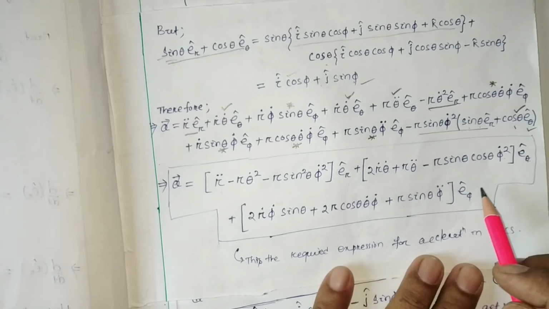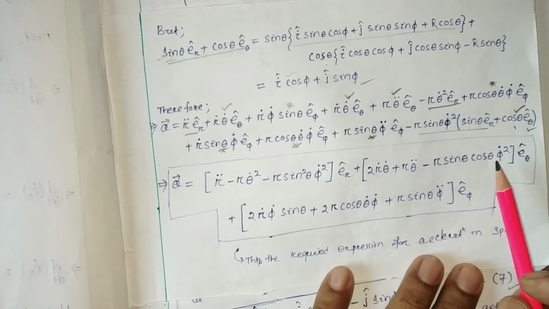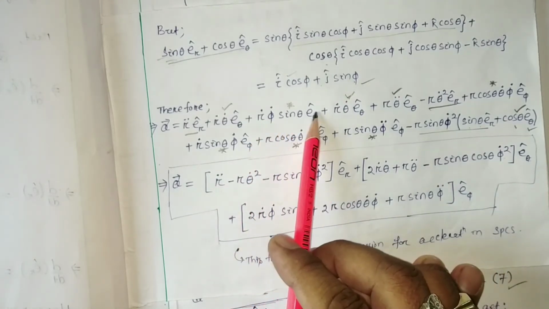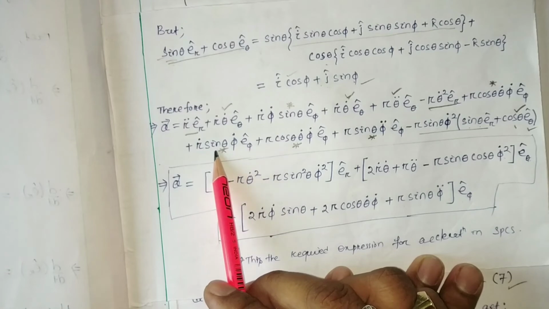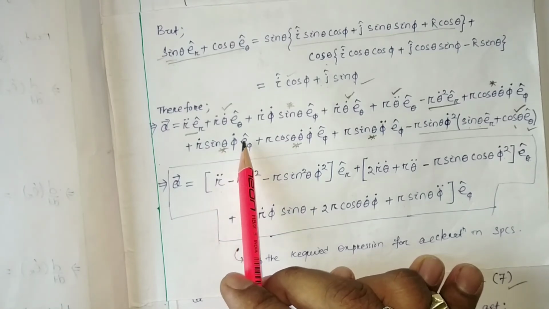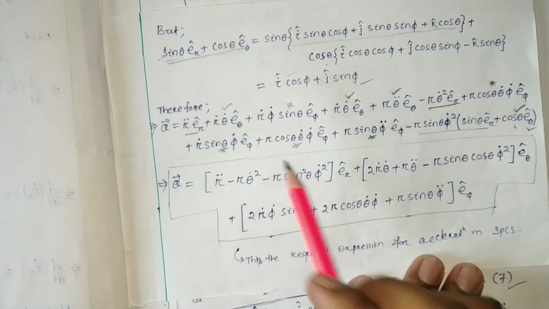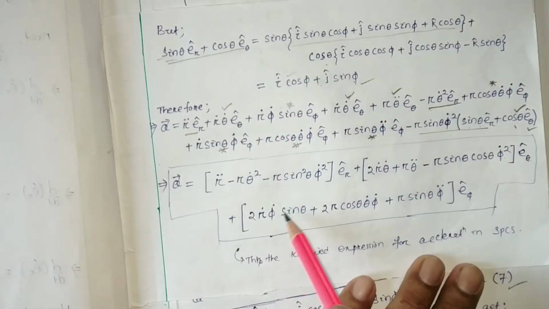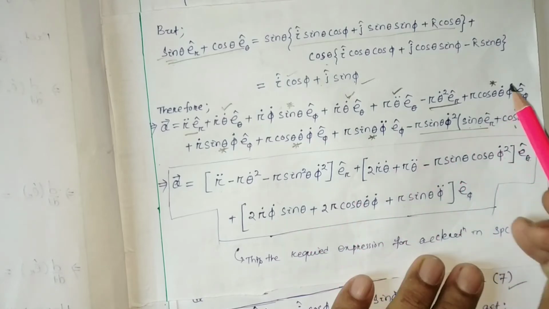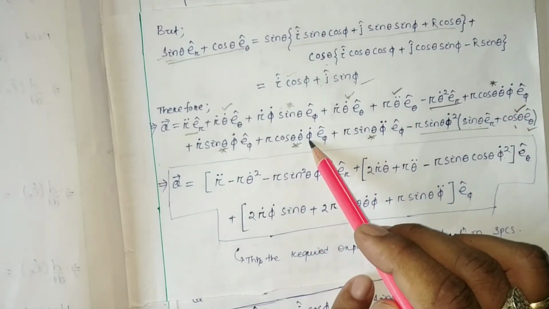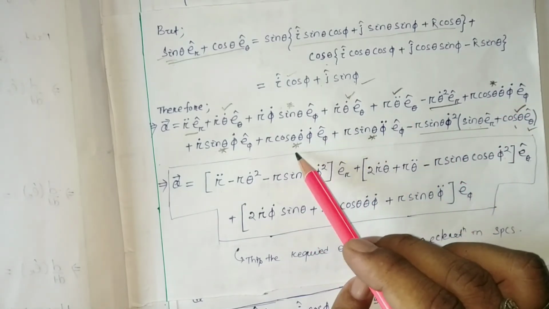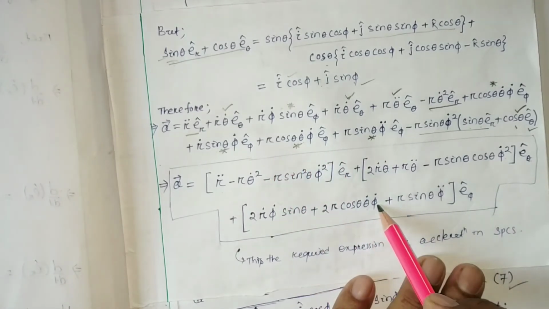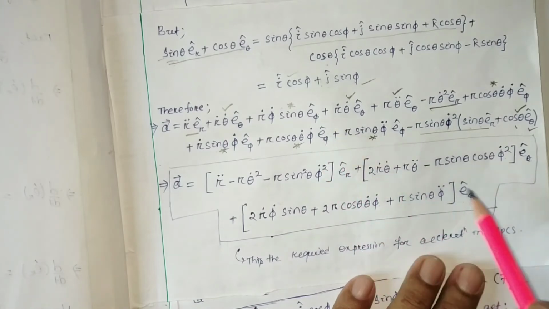So here you can see r dot phi dot sin theta e_phi cap taken outside. These two terms are the same, so we can write 2 r dot phi dot sin theta. Now these two terms, this one and this one, are the same, so we can write 2 r cos theta theta dot phi dot, e_phi cap written outside.